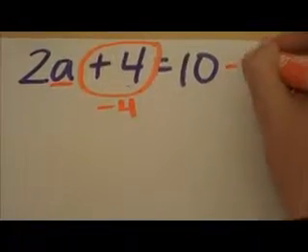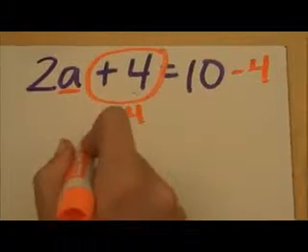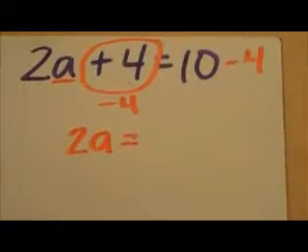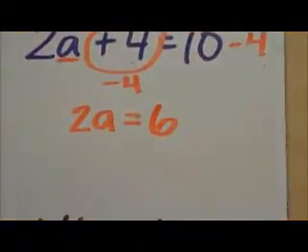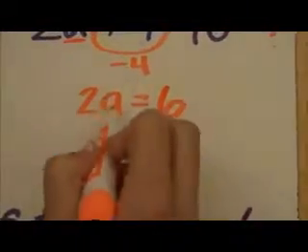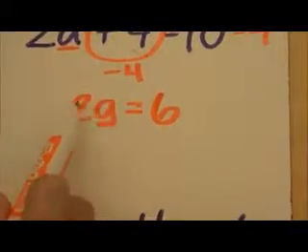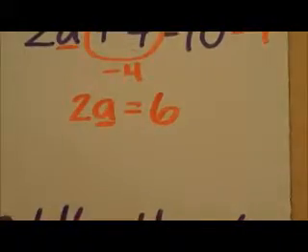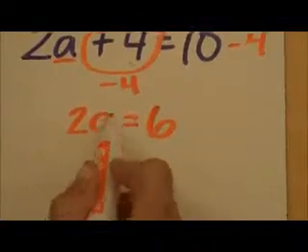We have to do the same thing on the right-hand side. So I'm left with 2a, and then on my right-hand side, 10 minus 4 is 6. One more step. I still have to single this a out, and as you see, we have 2a, which is multiplying, so we're going to have to divide, or the opposite of multiplying, to get what a actually is.